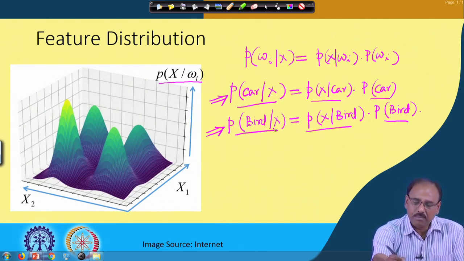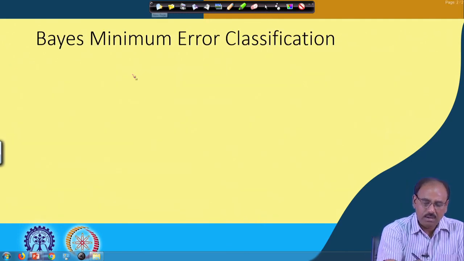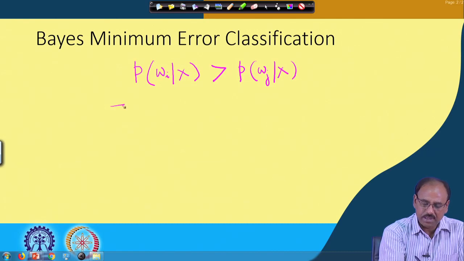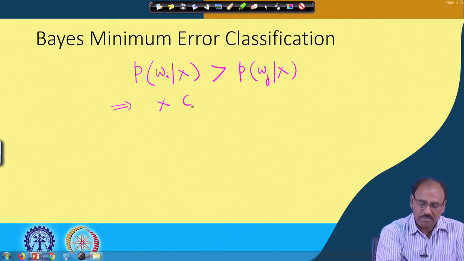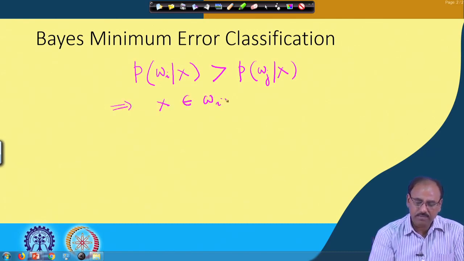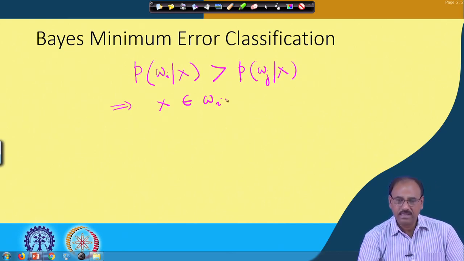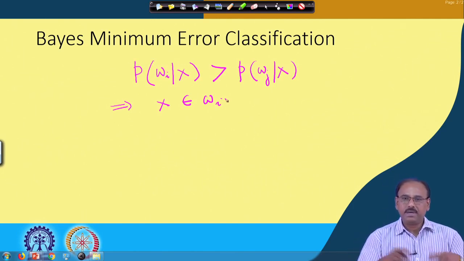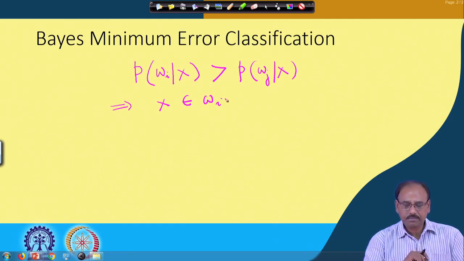So, what we are computing is P of omega i given x; if it is greater than P of omega j given x, then my interpretation is that x belongs to omega i. If P of omega j given x is greater than P of omega i given x, then my interpretation will be otherwise, that is, x belongs to omega j.